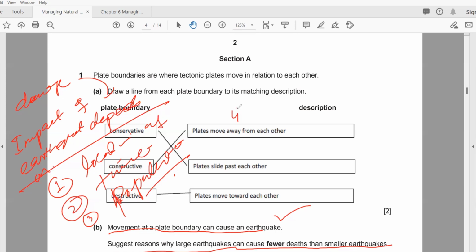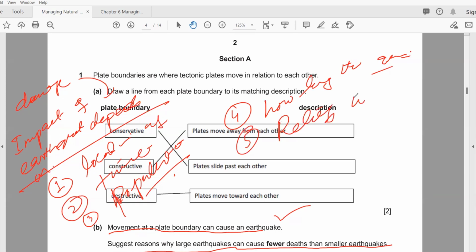After that, you have another one: how long the earthquake lasts, meaning the timing. Then the relief work. After the earthquake, do people reach there for relief work or not? Understand? So there are different reasons that you can see.